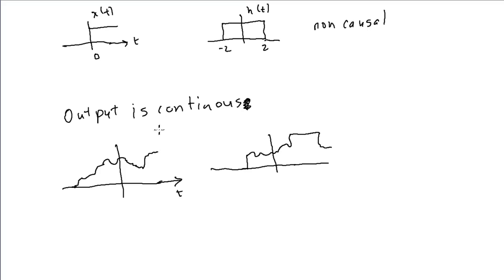But if neither of them involves an impulse, as long as they're unit steps or unit ramps or exponentials or actually anything other than an impulse, the convolution integral smooths out any discontinuities, and so I won't see any jumps in my output. So knowing that allows me to do a quick check to see if my convolution result is correct.